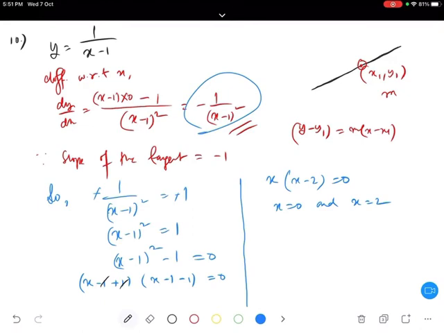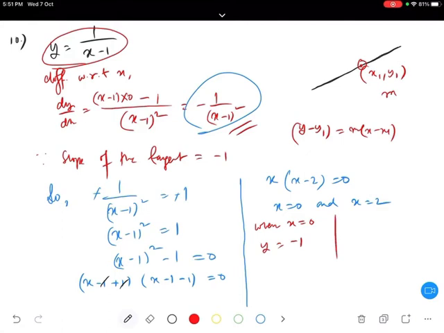So these are the 2 points which we got, right? And using these 2 points we will find the y value. So let us find the y value. When x is equal to 0, y is equal to minus 1. If you put 0 in here, y is equal to minus 1.